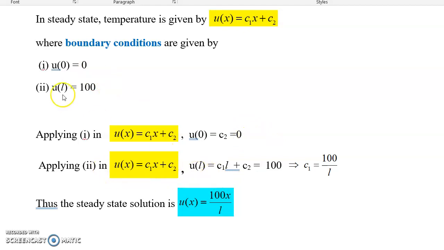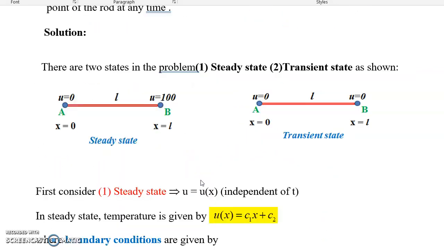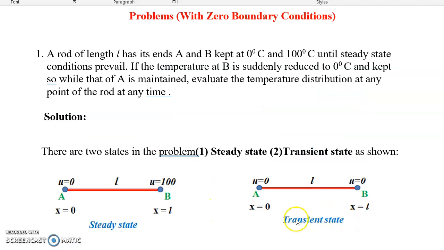Now U of L. What is U of L? C1L plus C2, because we put x equal to L. C1L plus C2 is given as 100. So from here you can substitute the value of C2 and you will get C1 as 100 by L. Now substituting the C1 and C2 answers in U of x, you get U of x equal to 100x by L. When you observe, this 100x by L is the steady state solution and it will be the starting solution of the transient state.